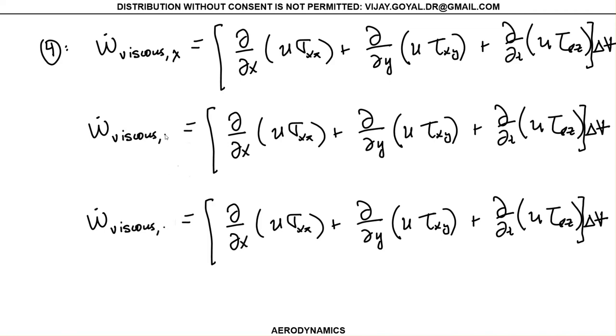So this will be y, this is z, so this will be v. The inside terms change.